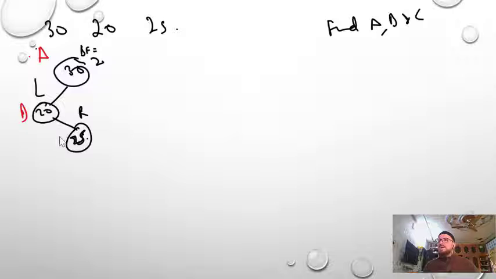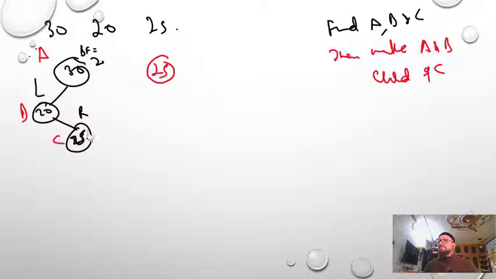Now this is my A, this is my B, and this is my C. So if I'm saying find A, B, and C, and then make A and B child of C, what you do is make this A and B child of C. So that means C becomes the root here. So C comes there where the 30 was, and make this A and B child of C. How will we make A and B child of C? Now 30 will go on to the right and 20 will go on to the left. Simple. And we are done.